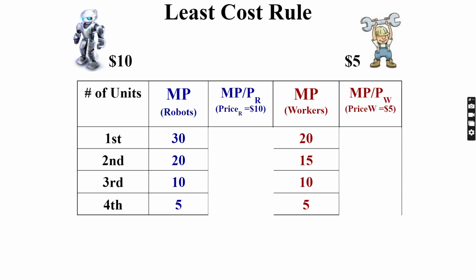And I've provided the prices of these resources. Robots are $10 each, workers are $5 each, and that would be the wage for the worker. And so we could now calculate the marginal product per dollar of each unit of each resource. Go ahead and do that.